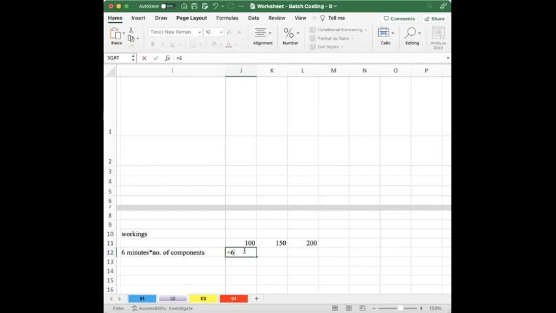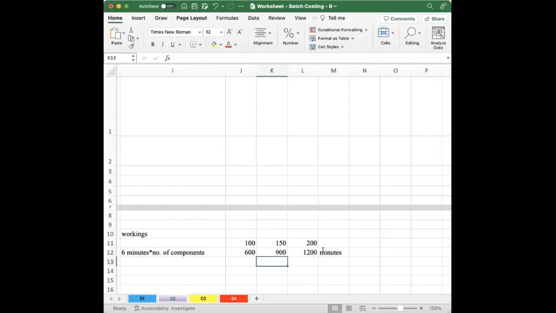Time consumed by this whole batch, which has 100 components, will be 600. Again, 6 minutes into 150. Thirdly, again, 6 minutes into 200, 1200. Now we got the answer in minutes.